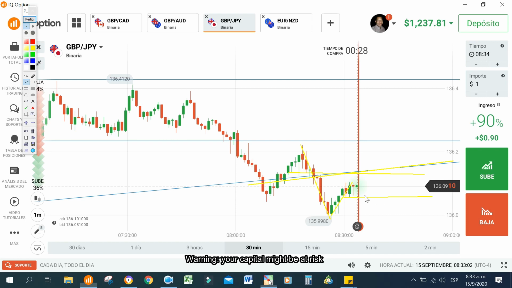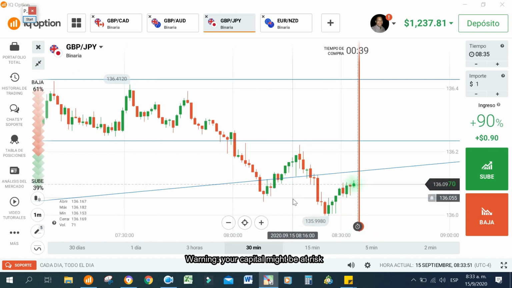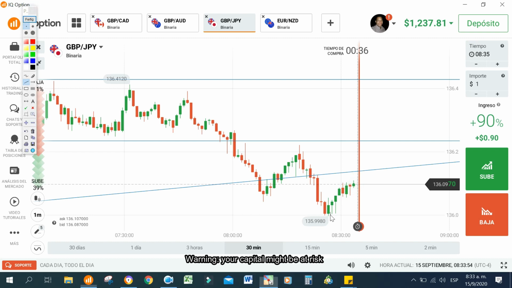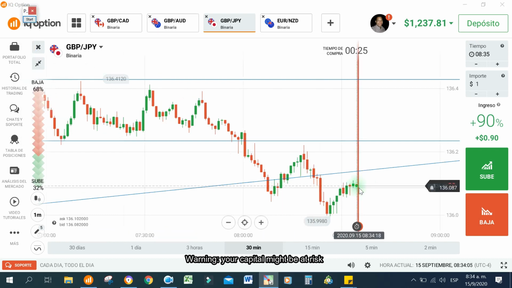I will sell. We also have another level here, a support level. If the price breaks this level down, I will make a put option too. But we need to wait because the price can move higher to this resistance level, which was the trend line. We need to wait.